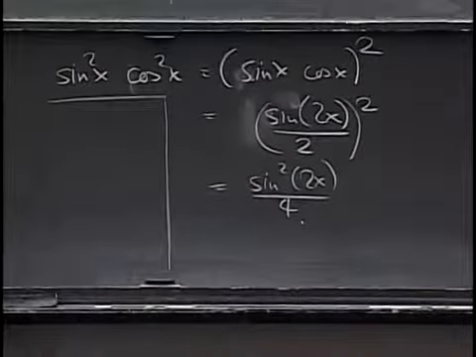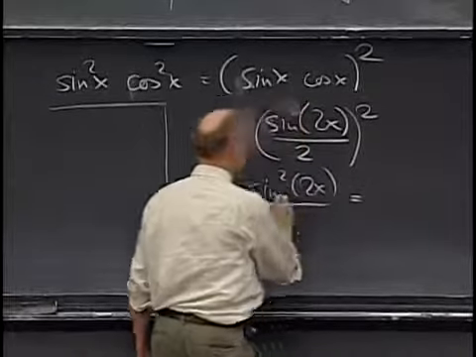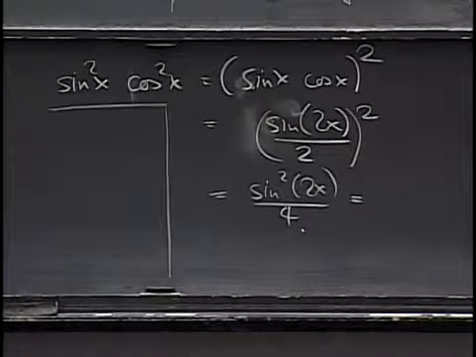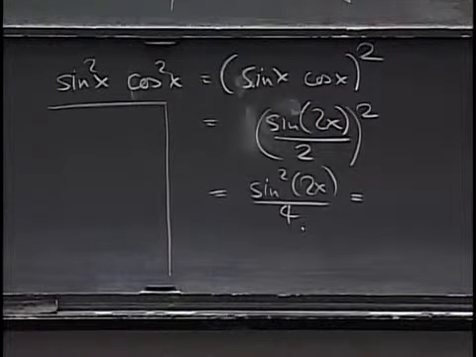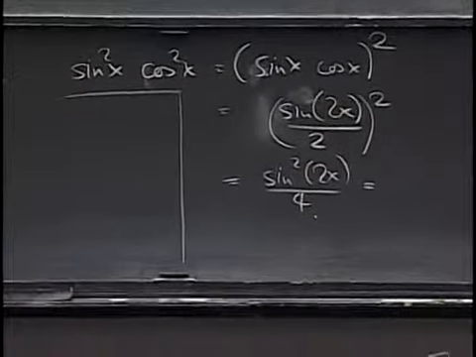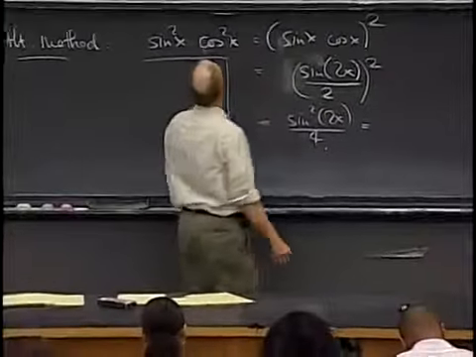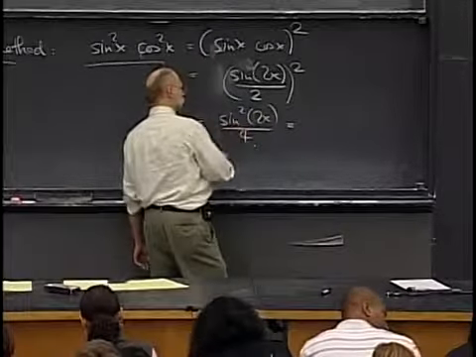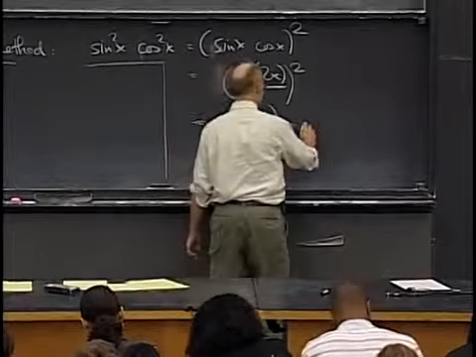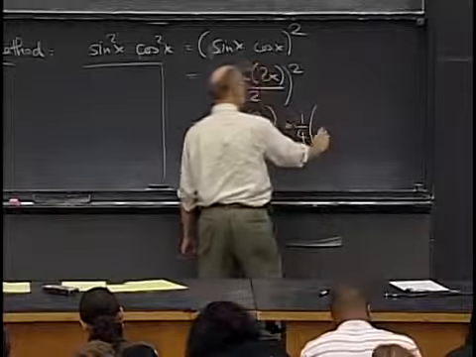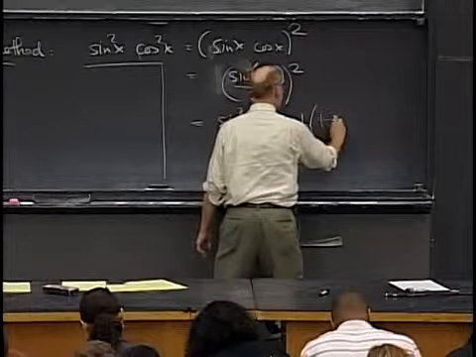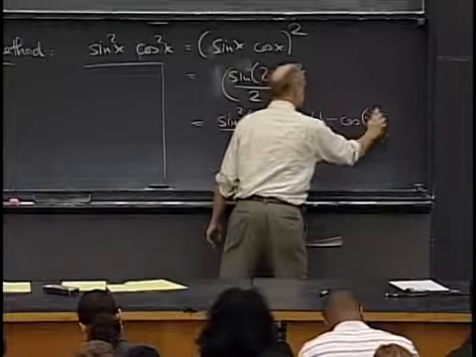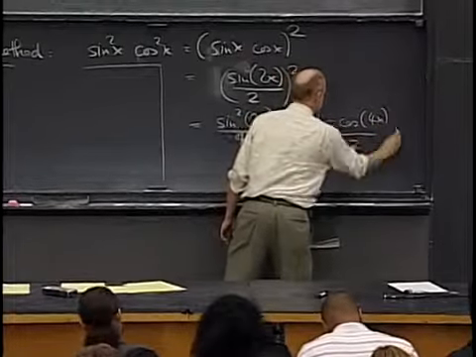Which is, well, I'm not too happy yet because I still have an even power. Remember, I'm trying to integrate this thing in the end. Even powers are bad. I try to get rid of them by using the half-angle formula. So I can apply that to the sine squared of 2x here again. I get 1/4 of 1 minus the cosine of 4x divided by 2.